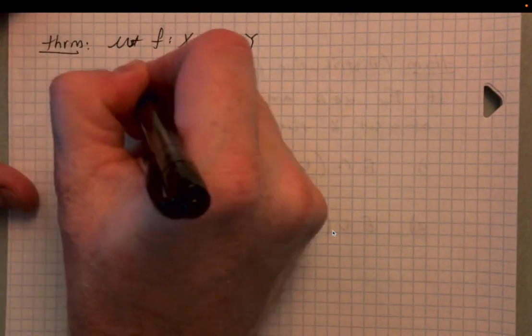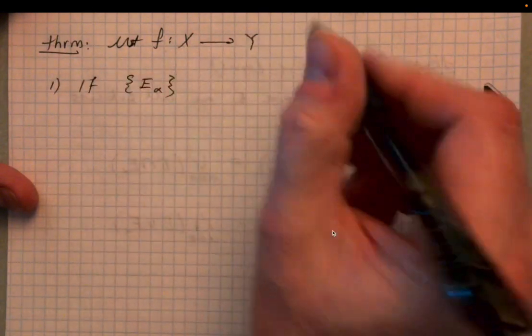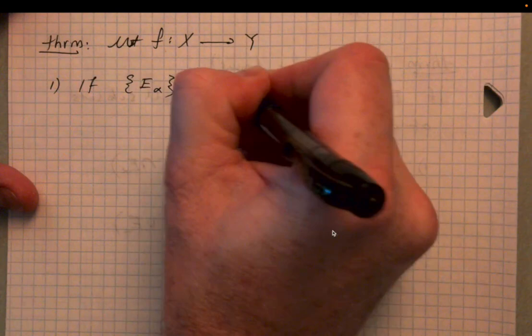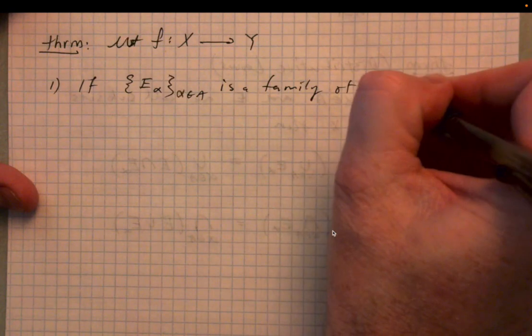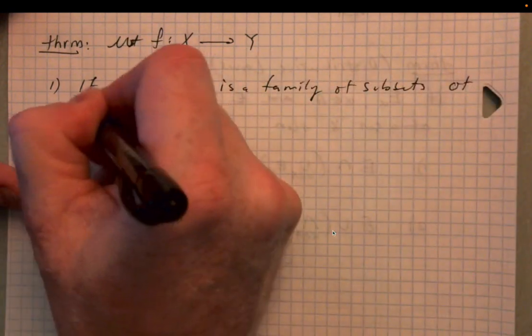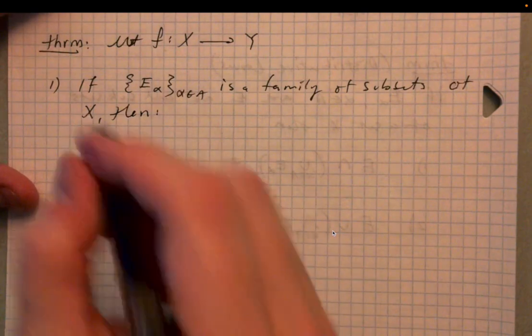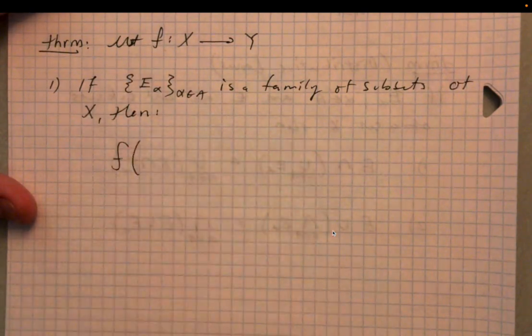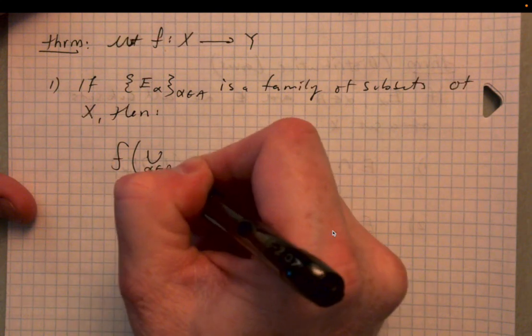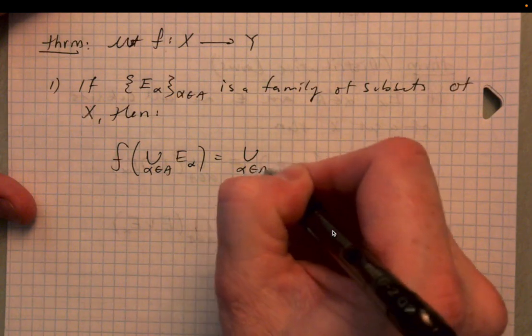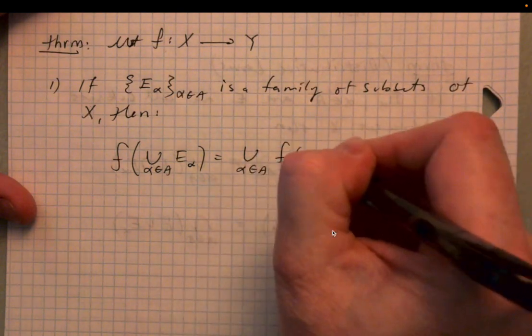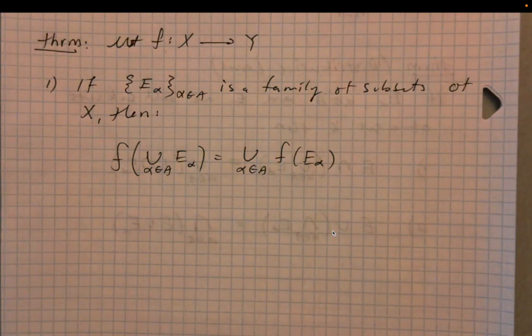So if E sub alpha, alpha in A, is a family of subsets of X, then f of the union is equal to the union of each of the members of the family evaluated under f.